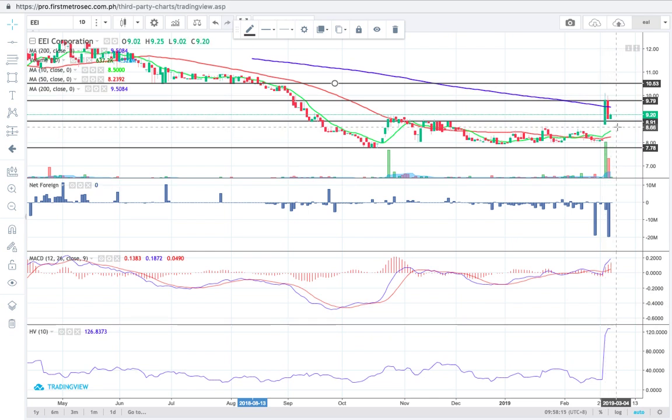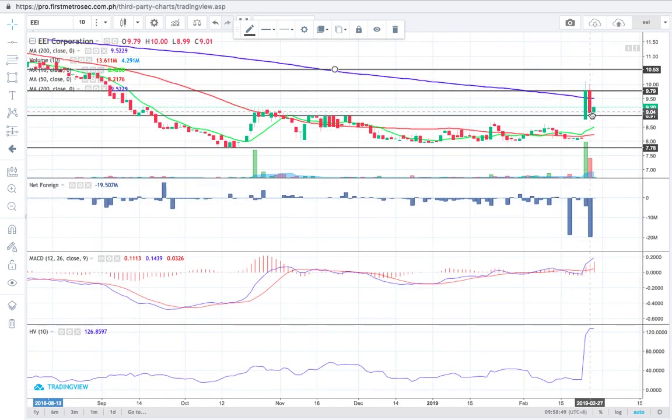Neutral in a sense that traders may decide to keep it afloat above 8.90, but once they get tired of making it inch higher above 8.90, they might consider selling their position. So it's a game of volume once again.